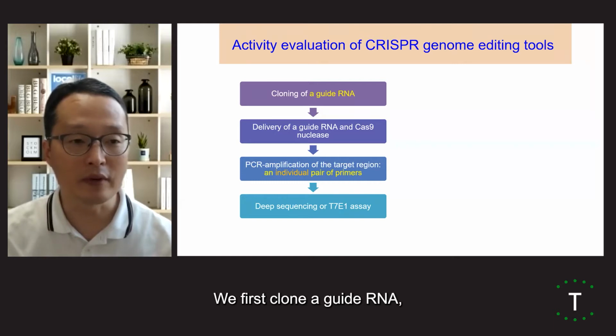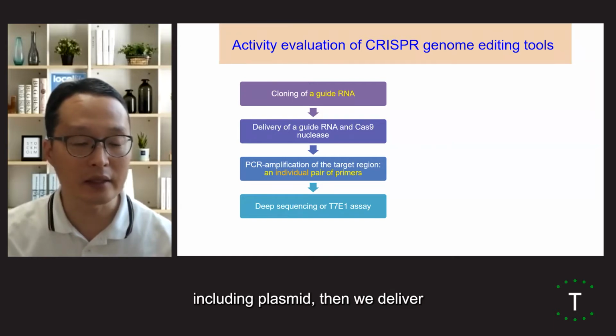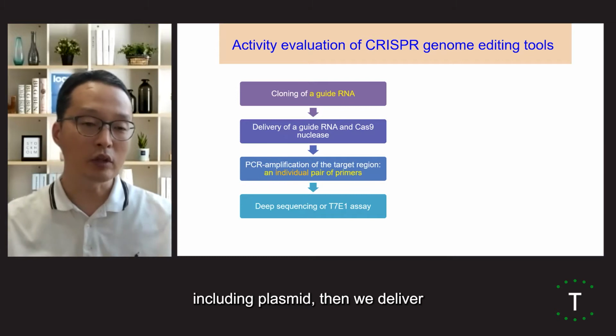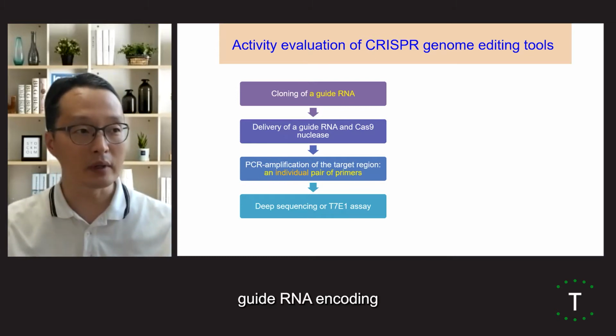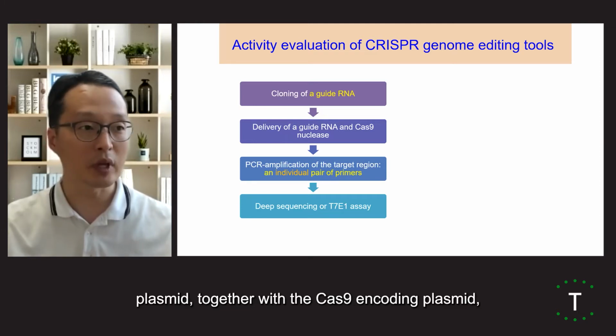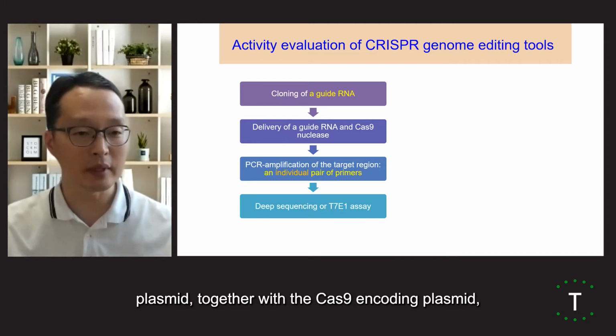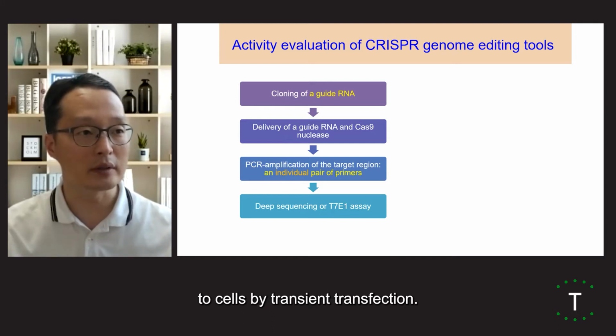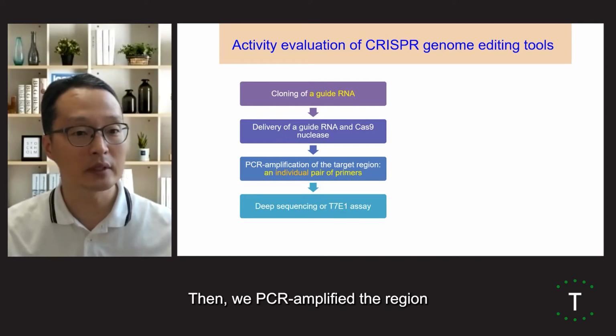We first clone a guide RNA encoding plasmid, then we deliver the guide RNA encoding plasmid together with the Cas9 encoding plasmid to cells by transient transfection.